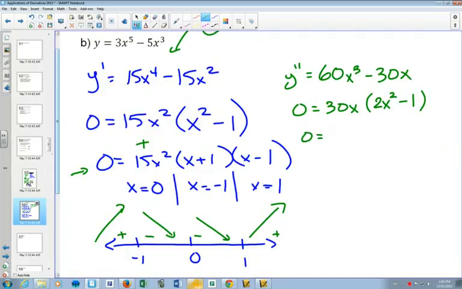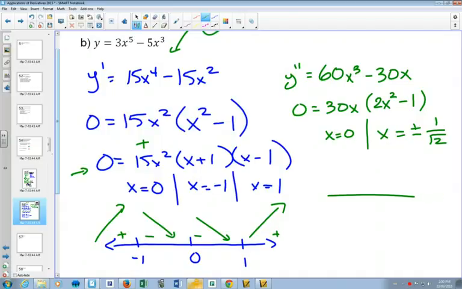If I split it here, x could equal 0. And this one, x will equal plus or minus the square root of 1/2, which will be plus or minus 1 over root 2.